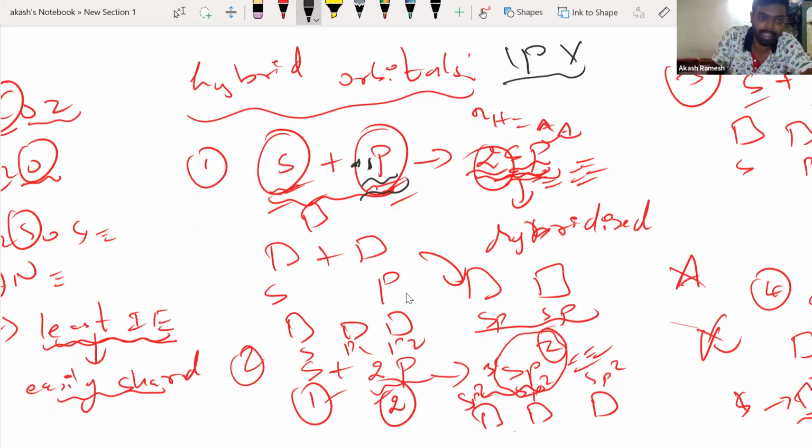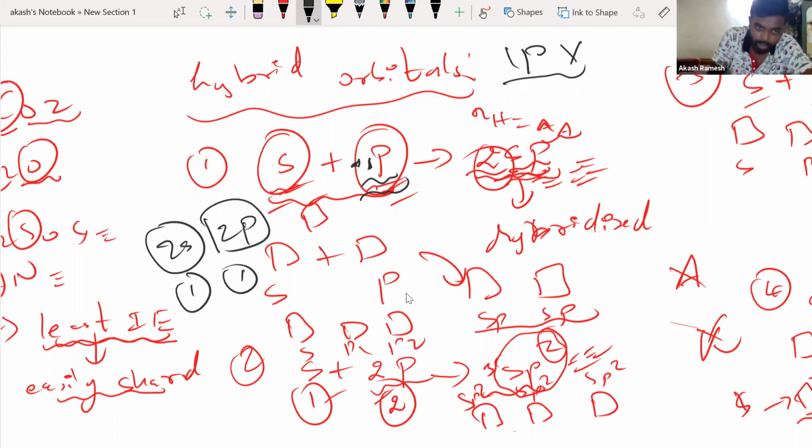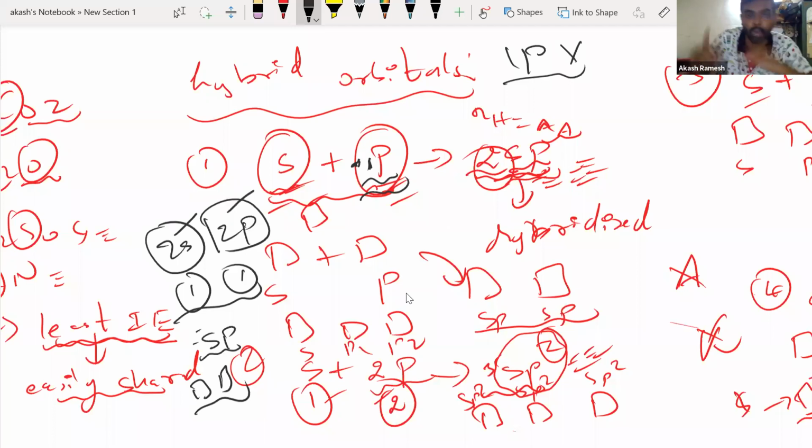But when I say the hybridization is happening between one of the 2s orbitals and one of the 2p orbitals, one orbital here, one orbital here, I will still be forming sp hybridization, but two sp hybrid orbitals. These sp hybrid orbitals are formed by the 2s orbital and the 2p orbital, one orbital each. Please do not confuse yourself between the number of orbitals and the name of the orbital.